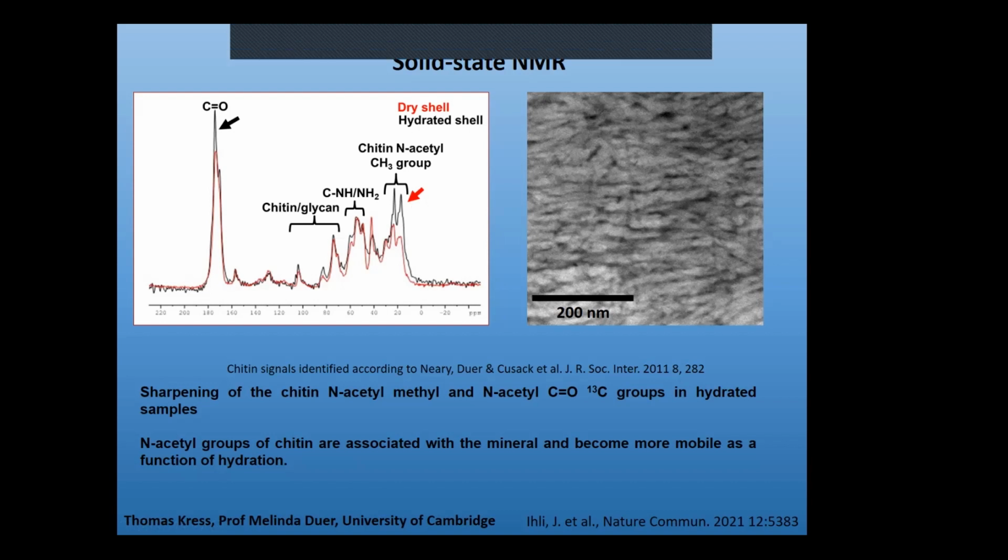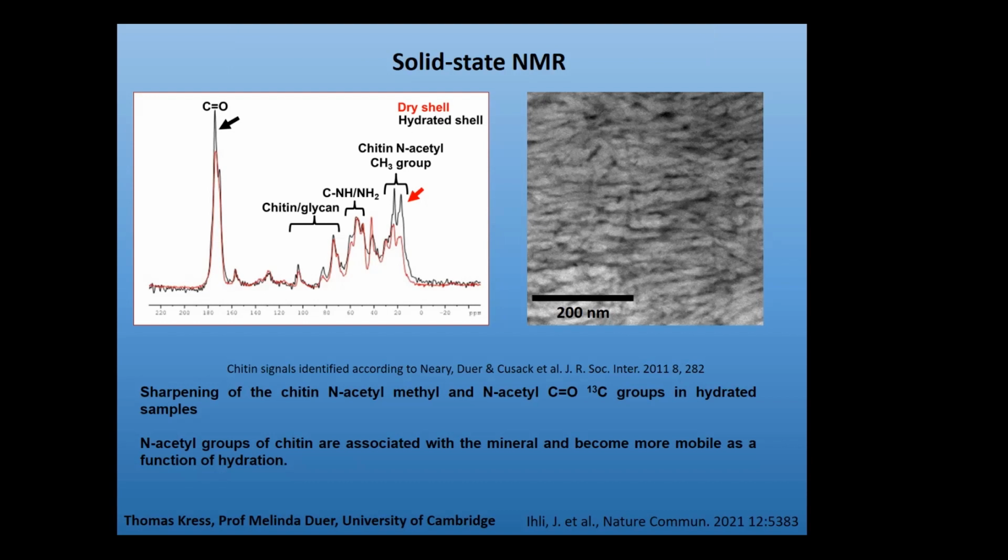One is that the chitin chains are becoming more mobile because of water. And the second thing is that we're getting water intercalating between chitin and the mineral, which is acting as a sort of plasticizer, a sort of lubricant, because you're decreasing and making the association between these two weaker. And now all of a sudden, when I apply a load to the shell, we have these two components that can move more freely with respect to each other.